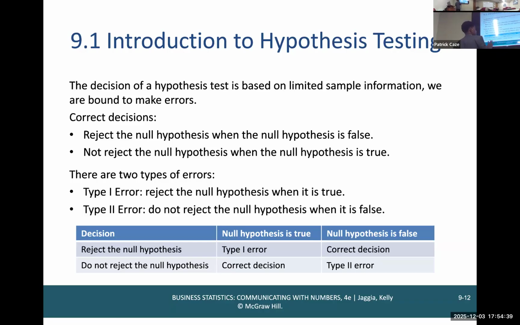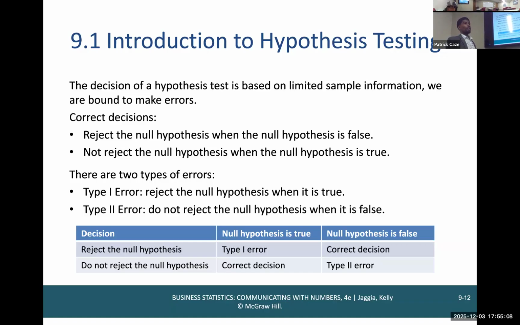If we do not reject it, we say the null hypothesis is true, but it really is false. That's a type 2 error. Okay, so just keep that in your mind. Type 1, we reject, but it's actually true. Type 2 is we don't reject, but it actually should be rejected.